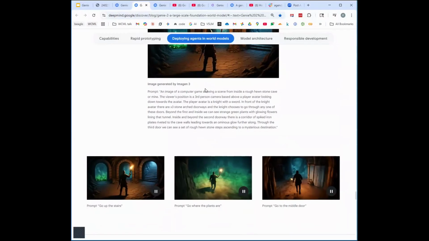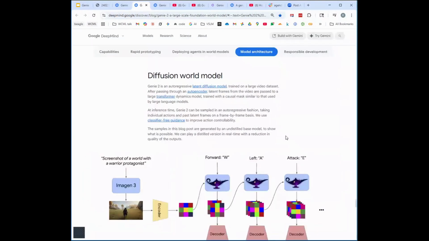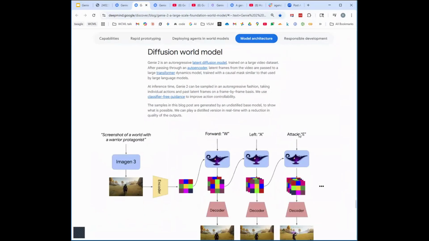It's an autoregressive latent diffusion model. So we know it's diffusion. They switched to diffusion for some reason. So it sounds like they used diffusion to render the frame, and they used a transformer to tell the diffusion how this frame should differ from the previous one.